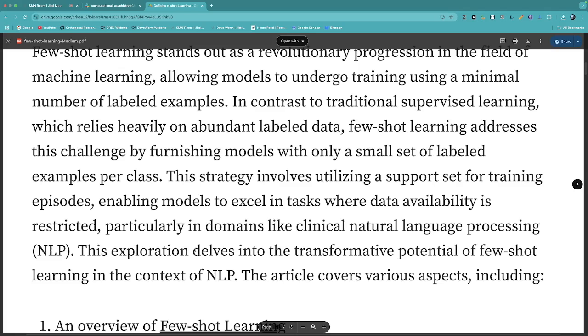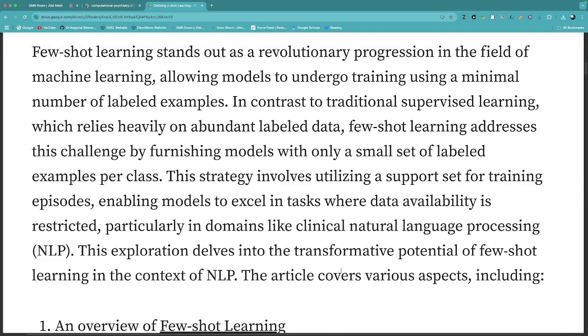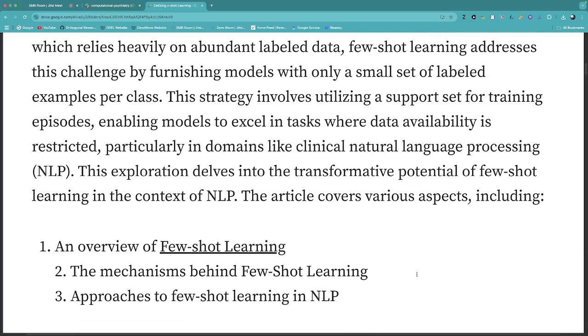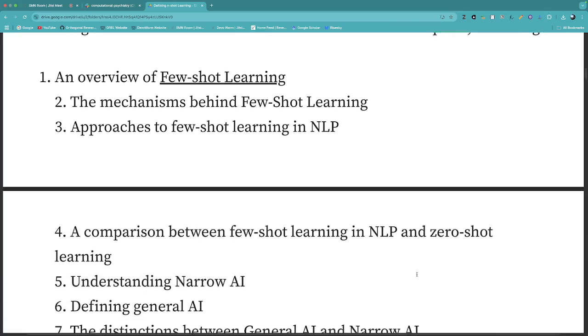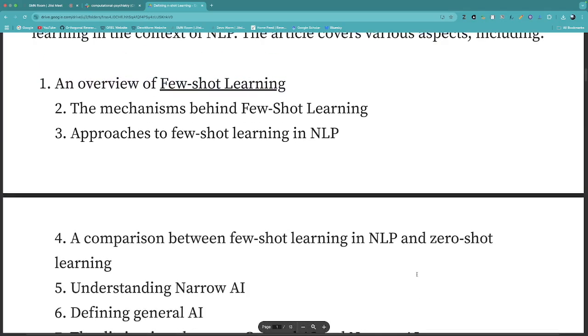This exploration delves into the transformative potential of few-shot learning in the context of NLP. The article covers various aspects, including an overview of few-shot learning, the mechanisms behind few-shot learning, and few-shot learning specifically relevant to NLP.